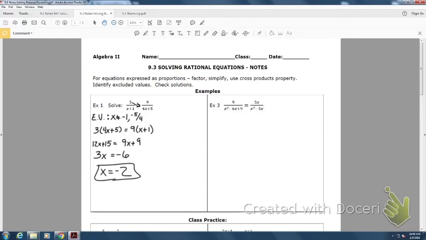So looking at example 3, which makes sense because it's right after number 1. Again, the first thing I'm going to do is go through and factor everywhere where I can. So on the denominator, what factors of 9 add up to negative 6? Negative 3, negative 3.